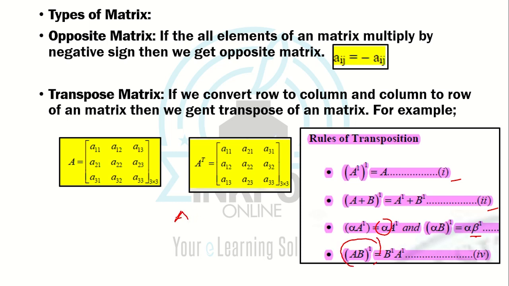Now, this one is very important, because it's saying that when you have two matrices which are multiplied with each other, let's say A and B, then the transpose of this multiplication is not A transpose B transpose, but it is instead B transpose A transpose, which means that the order gets flipped. And this is very important to remember, because this is something that you will be using.